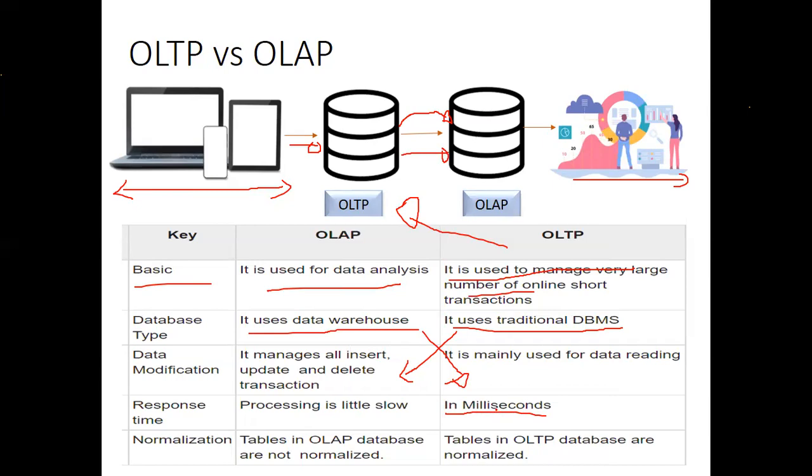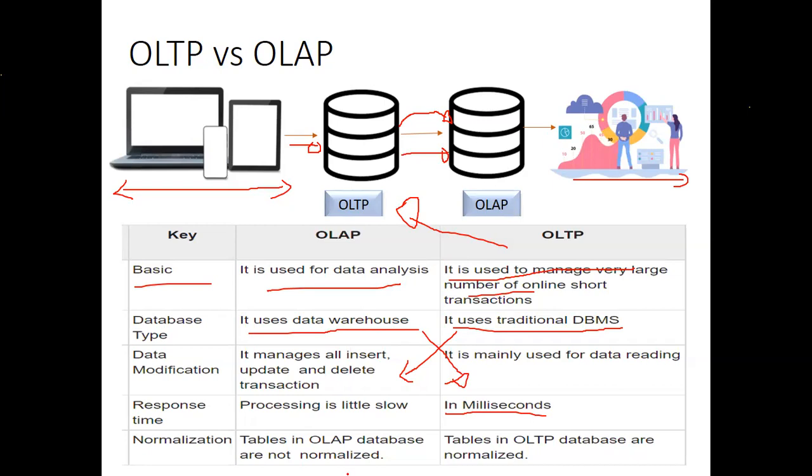The data is normalized in OLTP and denormalized in OLAP, because the data can be duplicated. That's fine, because my focus in OLAP is not to save space. It's about speed, how fast I can retrieve the data.